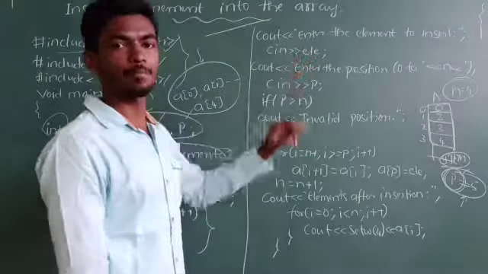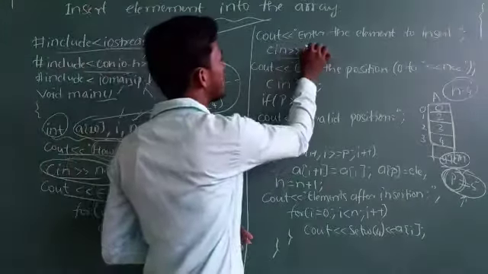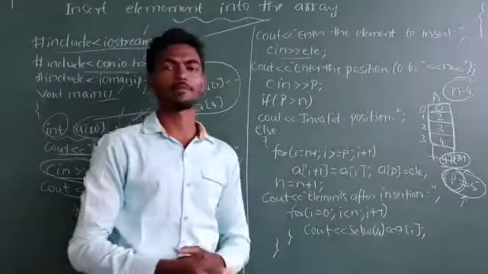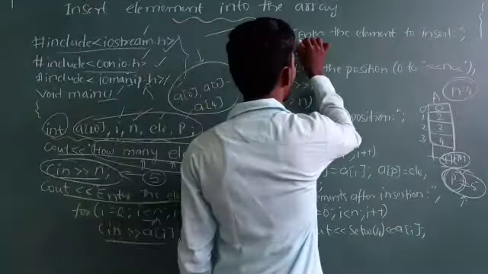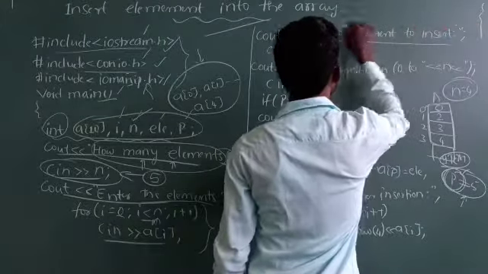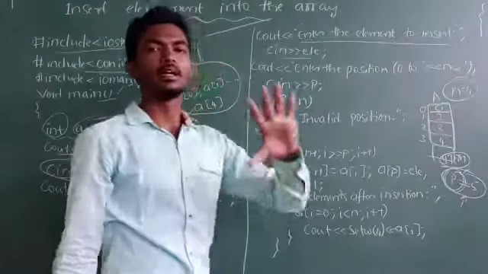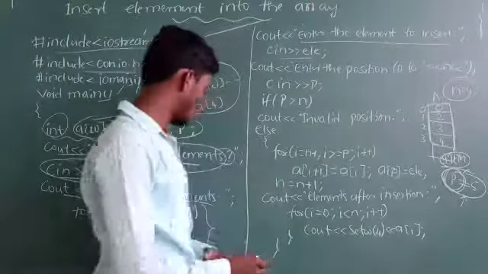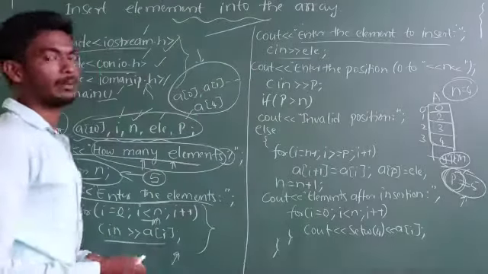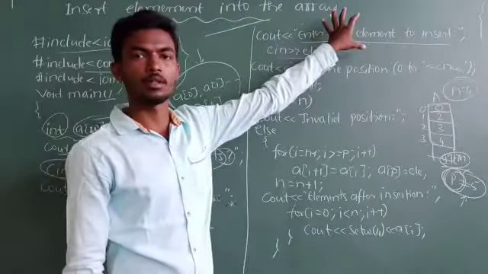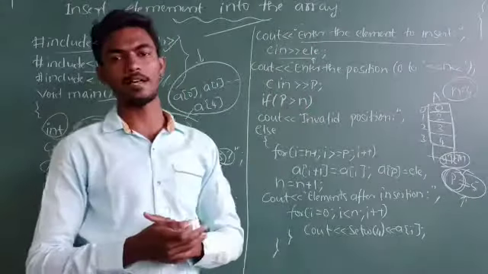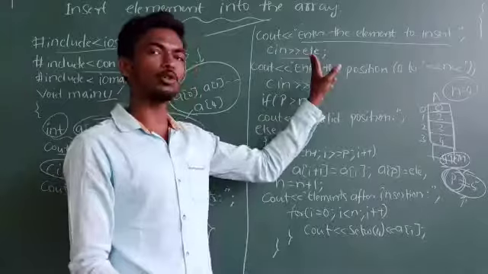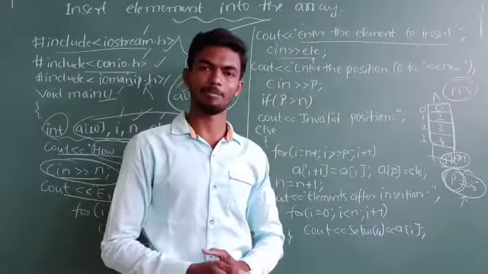The next statement is the acceptance of an element: cout "Enter the element to insert". This line will be shown on the output screen after entering the elements. You have to provide an element which is of integer type. If you provide a float also, it will be converted into an int.